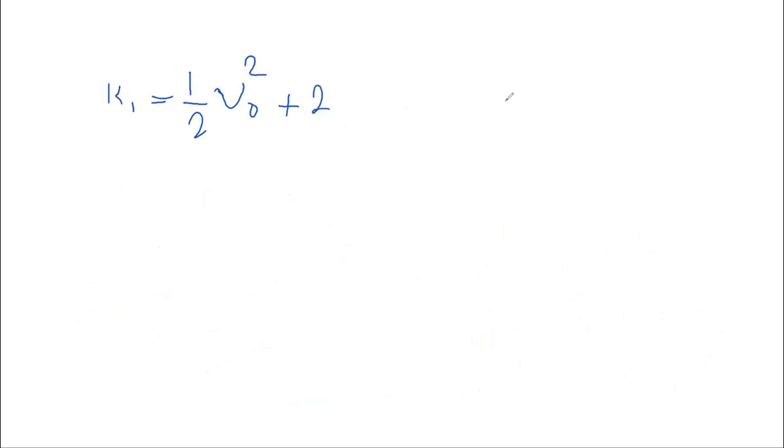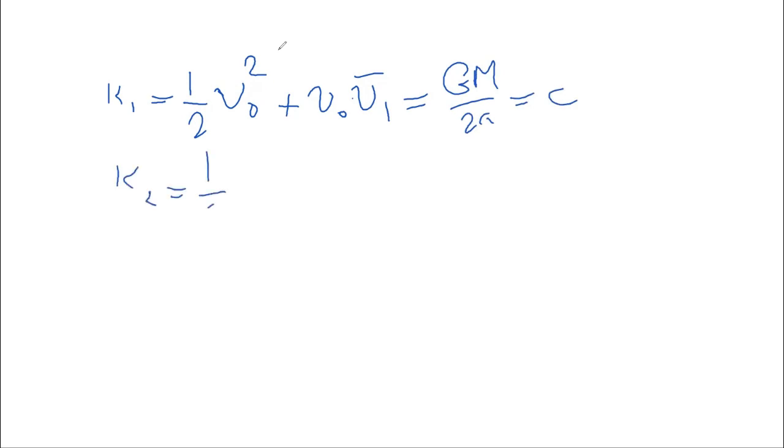The average velocity of the first satellite is a constant, doesn't matter what it is. Plus the potential at this first satellite is constant.